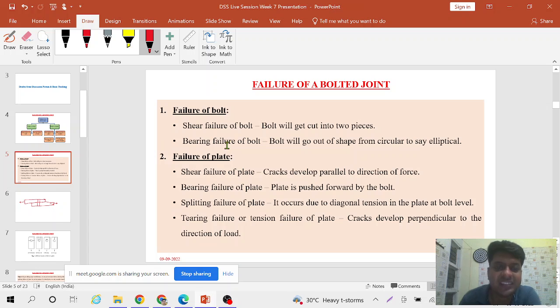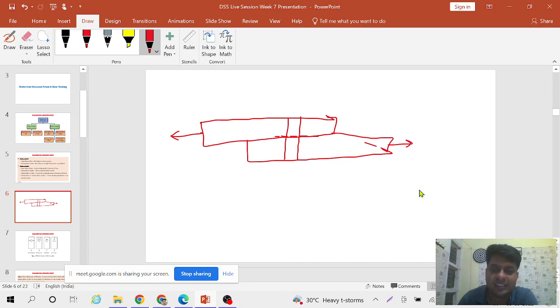Now the second one is bearing failure of bolt. What will happen in bearing failure of bolt? It is written here, the bolt will go out of shape from circular to, we can say, elliptical. See here, this is the bolt. When you apply tensile loading, it will distort.